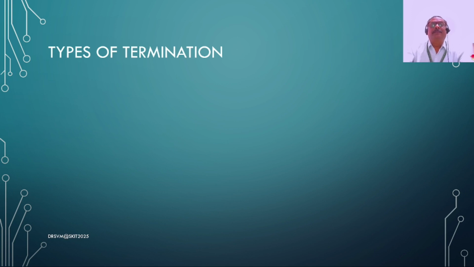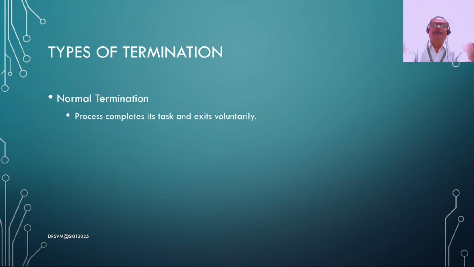Then, in how many ways can a process be terminated? First, normal termination, when the process completes all its job and exits voluntarily. It was supposed to do something and has done everything, so it says, I am done, let me get terminated, and it exits.